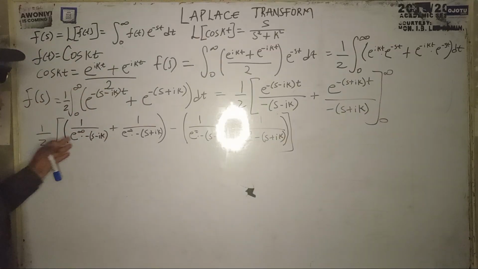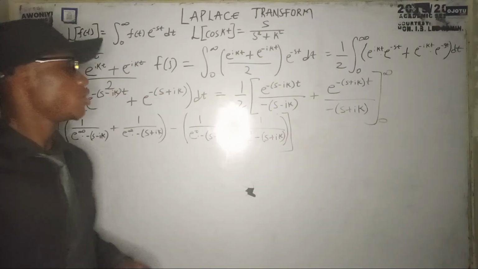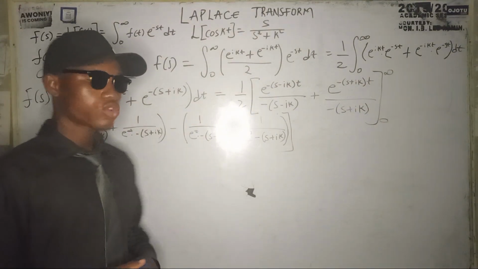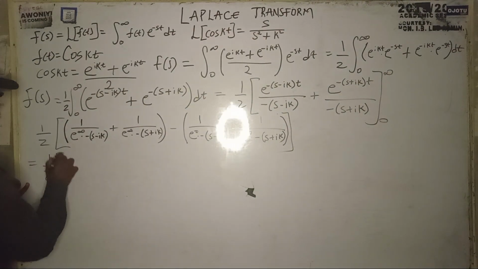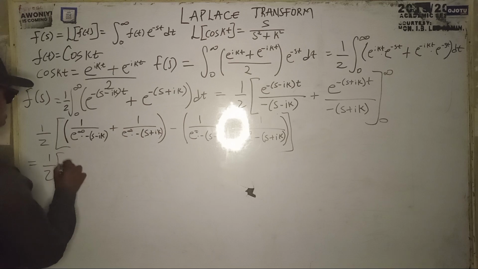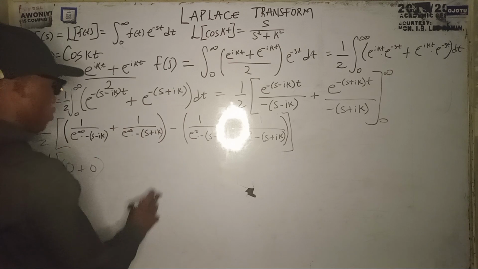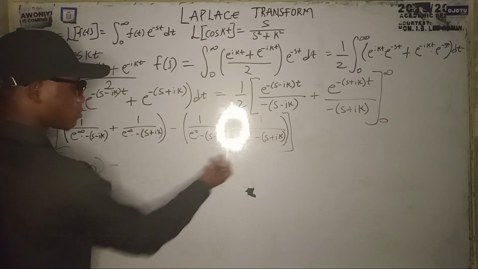So when we input our value into this, first of all, we shouldn't be doing it like this anymore. If we put infinity, e to the power infinity gives us infinity, and anything divided by infinity is equal to 0. So this here is going to be equal to 1 over 2 big bracket, we have 0 plus 0 overall. And here e raised to the power 0 is 1, so the 1 multiplies everything.